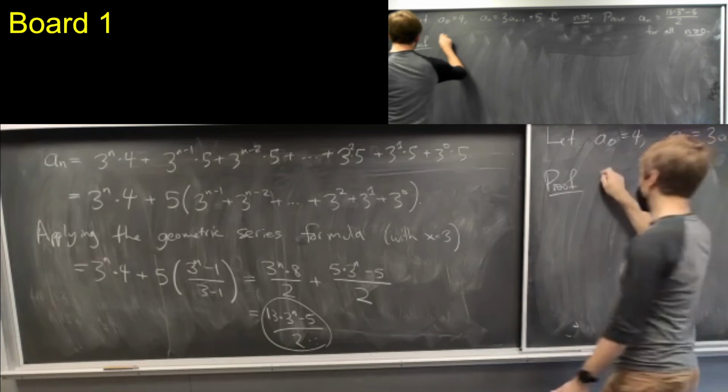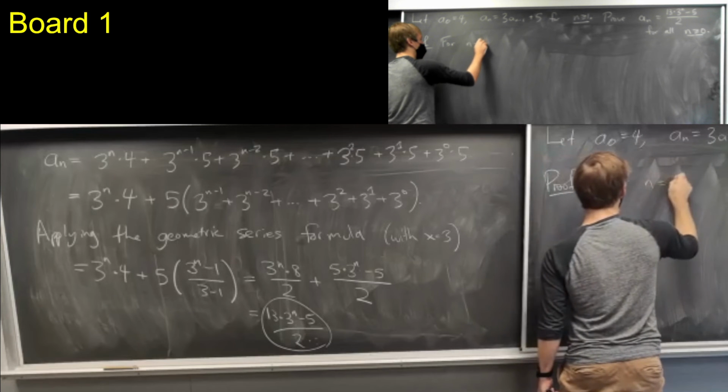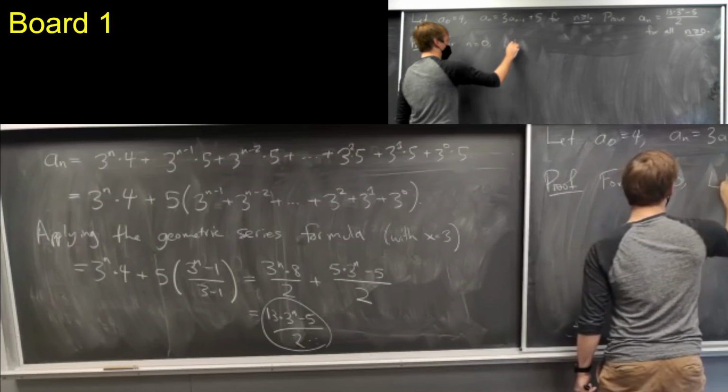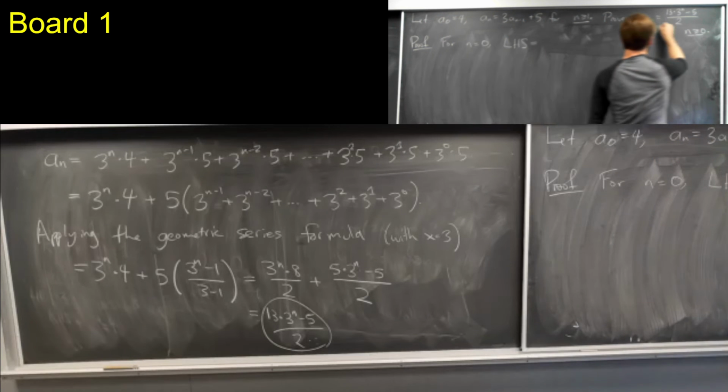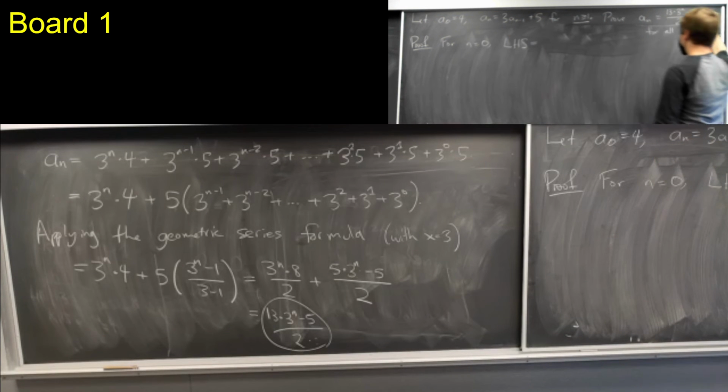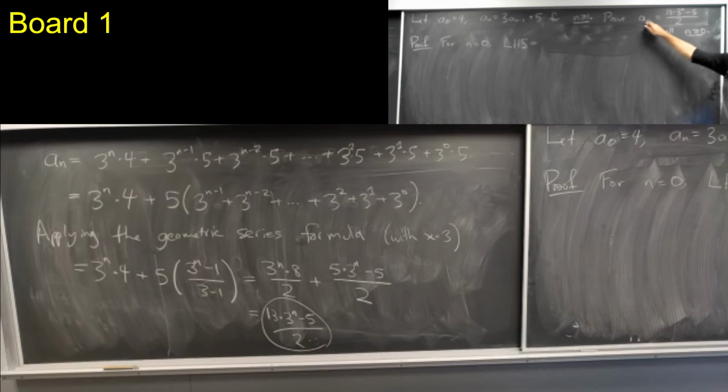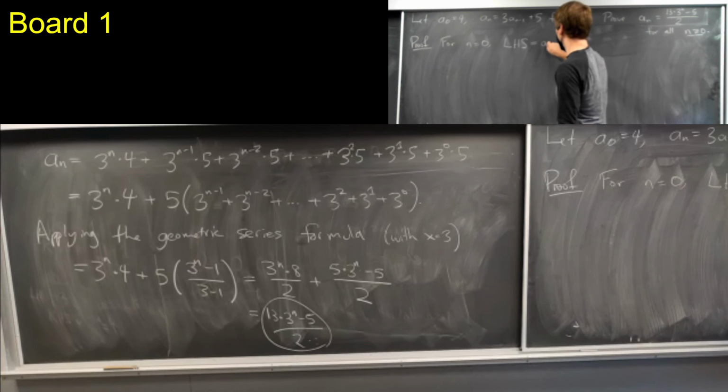So for n equals 0, the left-hand side, when I say left-hand side, I mean of this equation here, right? This is the equation I'm trying to prove. The left-hand side of the equation is A0, which is 4, just by definition.